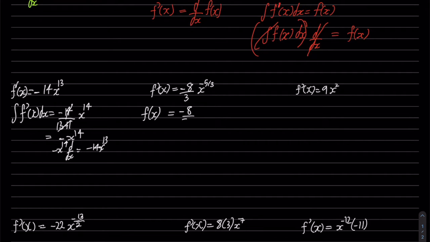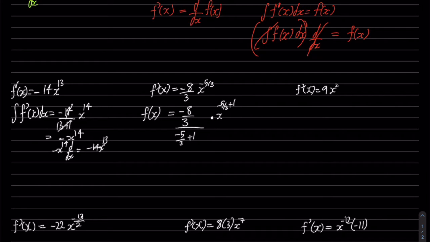It would be negative 8 over 3, oh my bad, divided by, right, negative 5 over 3 plus 1, multiplied by now x to the negative 5 over 3 plus 1. Okay, so let's simplify this.